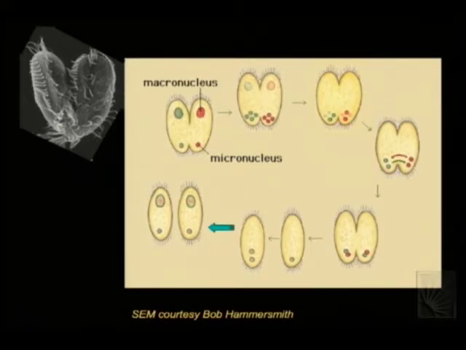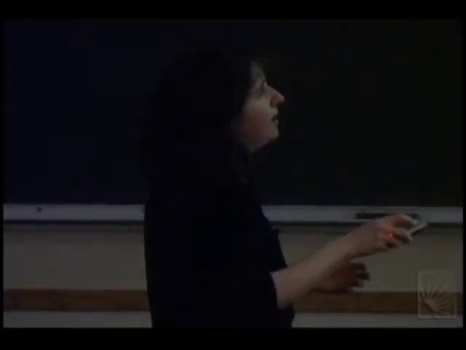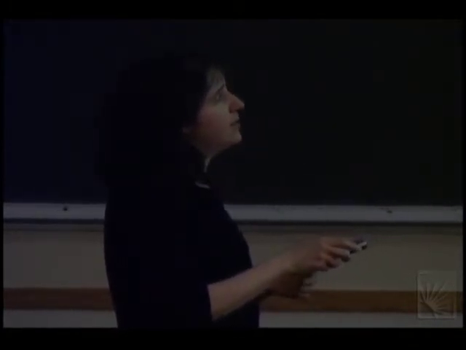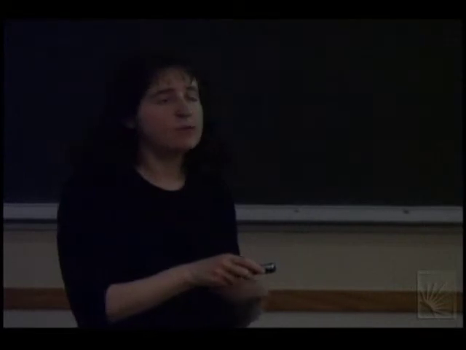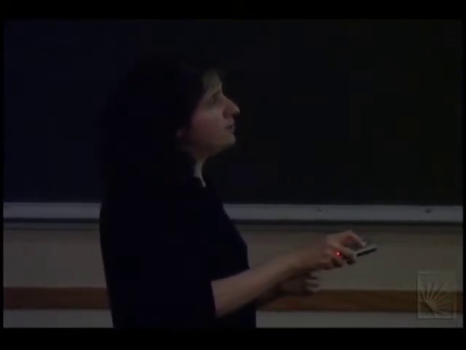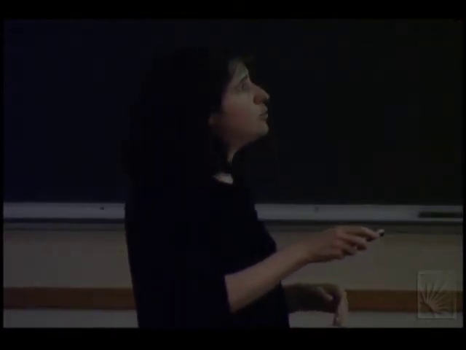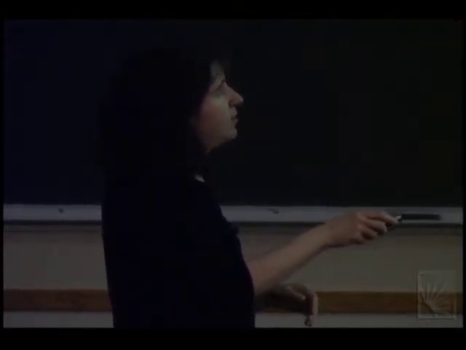Okay. So during this process of conjugation, there's a stage right here where there's massive genome differentiation. And during this genome differentiation, there has to be the opportunity to completely rewrite the genome sequence information from the micronucleus and transform it into that miniaturized and then subsequently amplified one gene, one chromosome genome in the macronucleus.